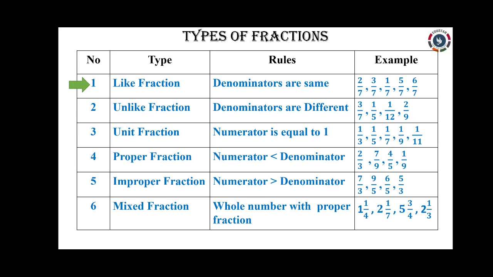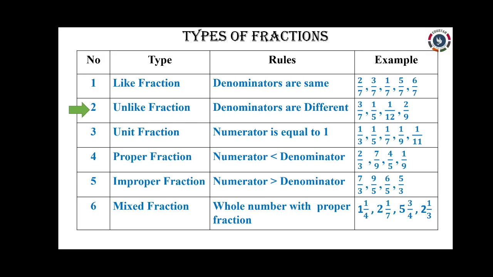Look at these examples in the table. Here all the denominators are same. Next, unlike fraction. In unlike fraction, the denominators are different. Look at these examples.